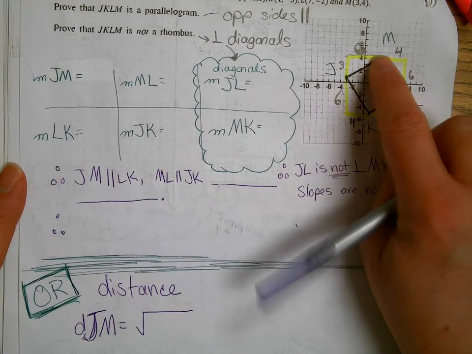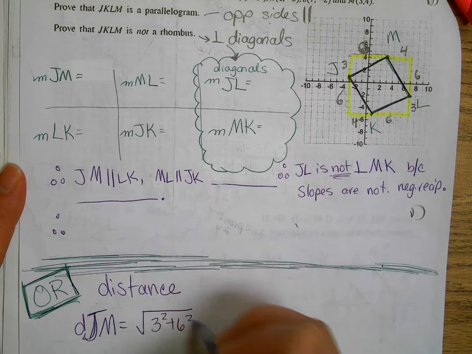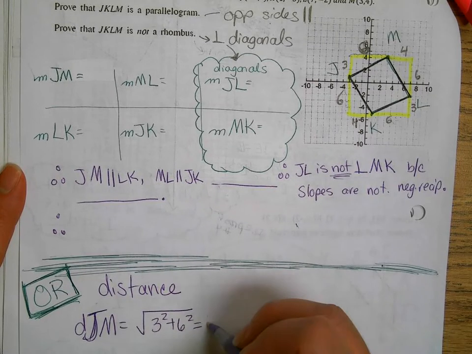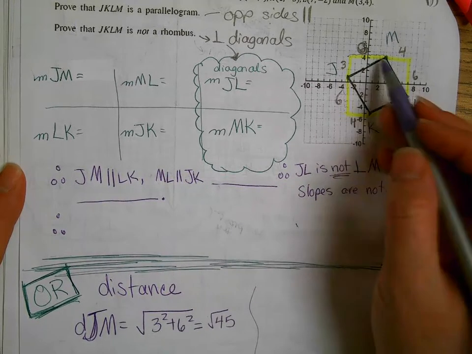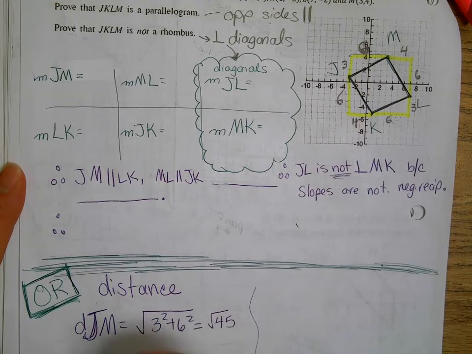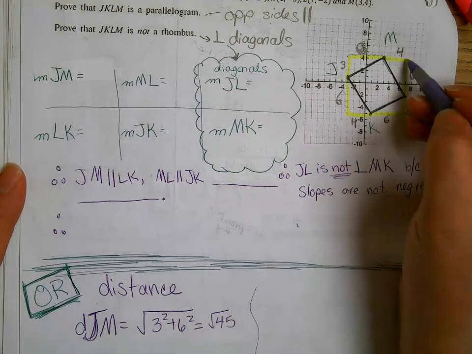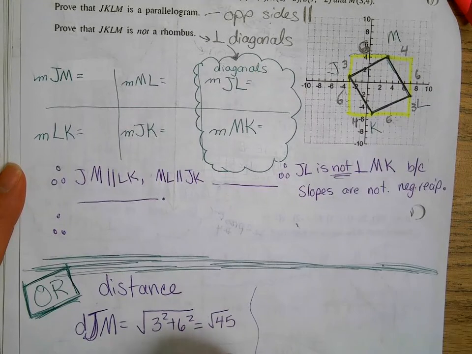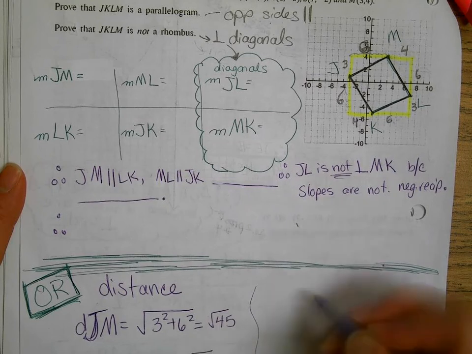So again, that a squared plus b squared to give me c squared is 9 and 36 gives us the square root of 45. Then I would find ML. The distance from M to L is the square root of over 4 down 6, 4 squared plus 6 squared is going to be 16 plus 36, which gives us the square root of 52.